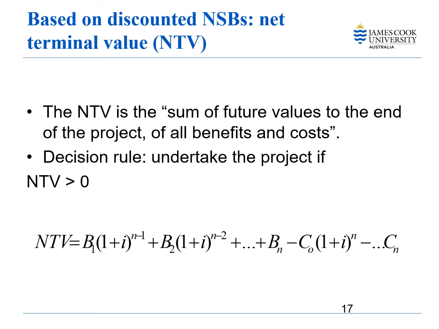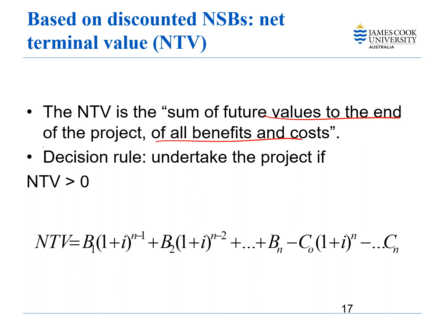In light of these NPV calculations, I hope you agree that we can also equivalently push all dollar values into the year when the project finishes. And that's what net terminal value is doing. The NTV is the sum of future values, at the end of the project, of all benefits and costs.